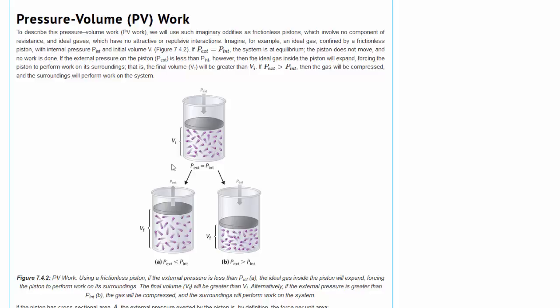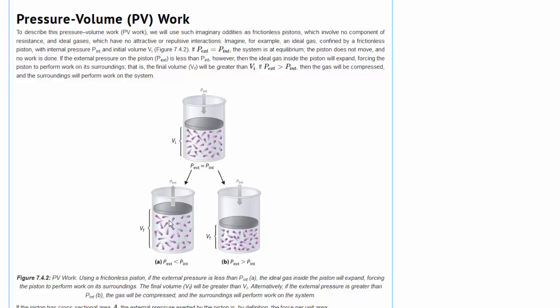If the external pressure on the piston is less than the pressure from the gas, the internal pressure, then the ideal gas will push the piston up. All this space here will expand. Now the piston is performing work on its surroundings.